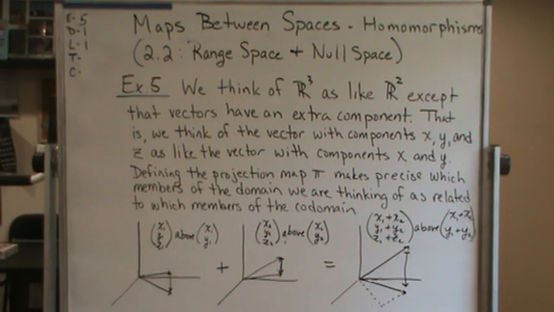We start by picturing R2 as the xy plane inside of R3. In other words, the xy plane inside R3 is a set of three-tall vectors with a third component of 0. So the third component is just a 0 component.